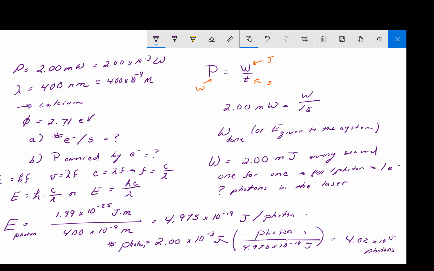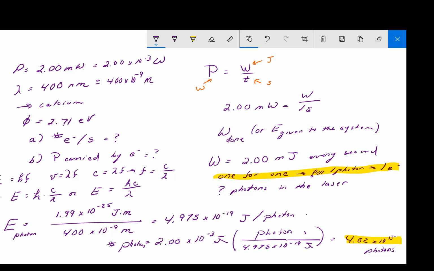It asks how many electrons per second, remember? But there's that 1 for 1 ratio between photons and electrons, so the number of photons is equal to the number of electrons. Thereby, 4.02 times 10 to the 15th electrons is the answer for part A.